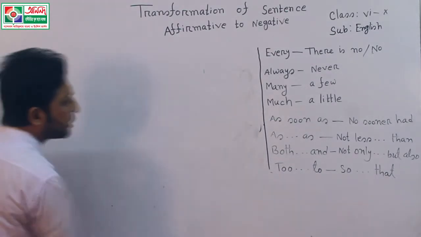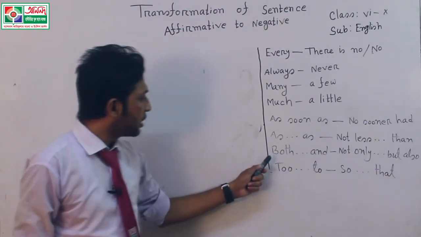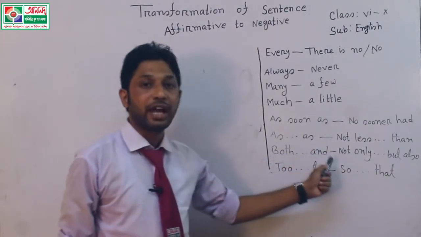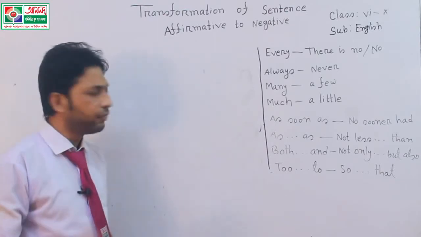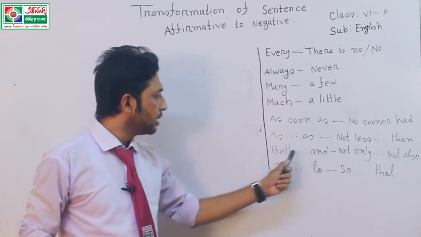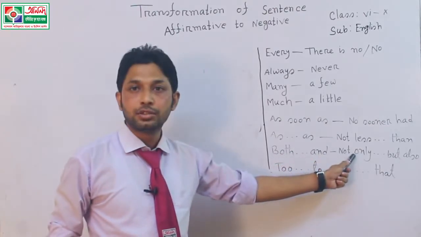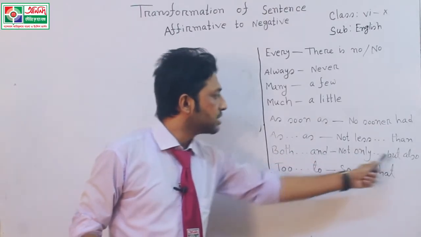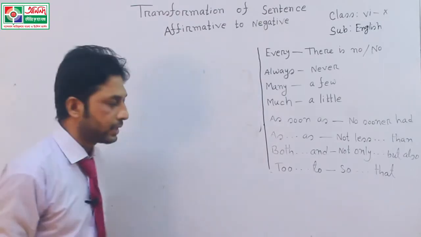Again, after that I will discuss both dot dot and. That means if you find both and and in an affirmative sentence, both turns into not only and and turns into but also.